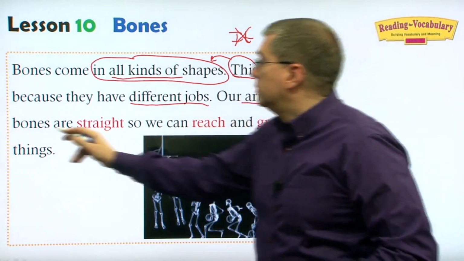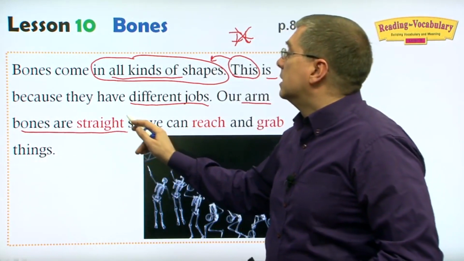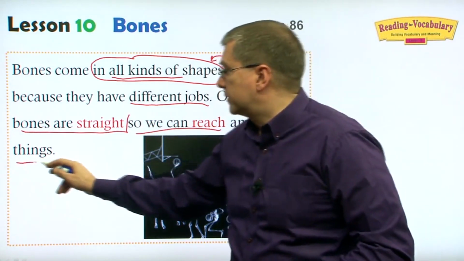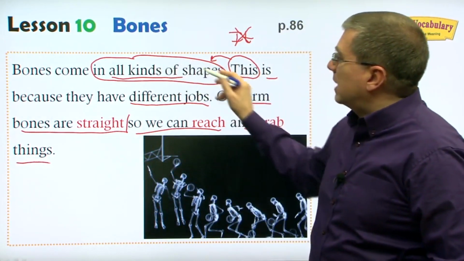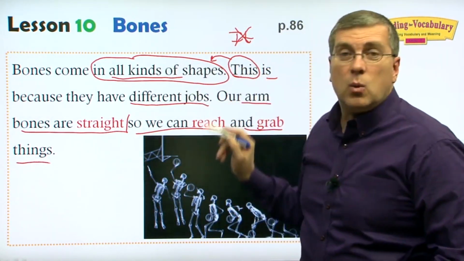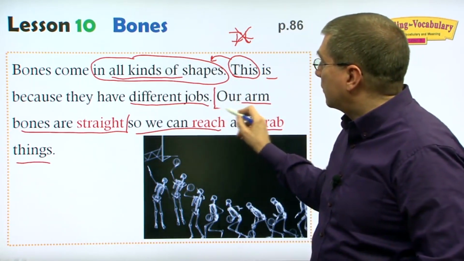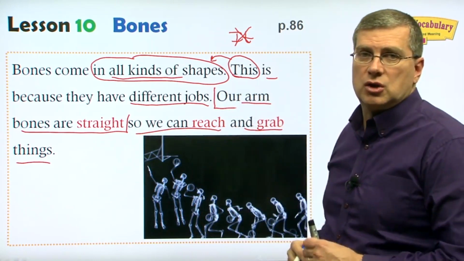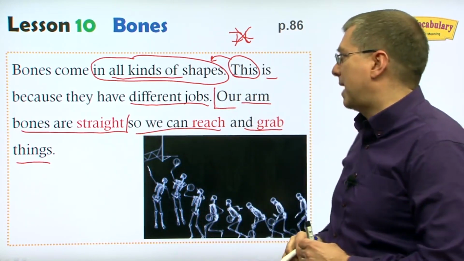Our arm bones are straight, so we can reach and grab things. Okay? So this says they come in all different kinds of shapes. This one says why, and starting from here is an example. Okay? So that's the structure of this part of the reading passage.